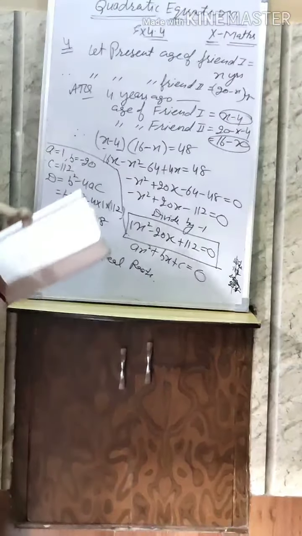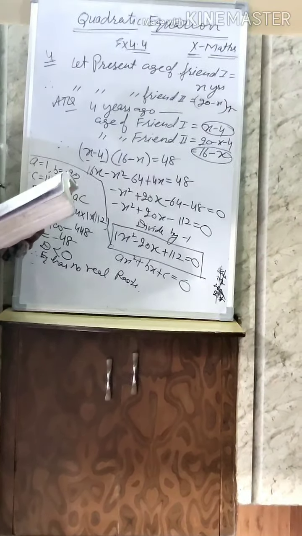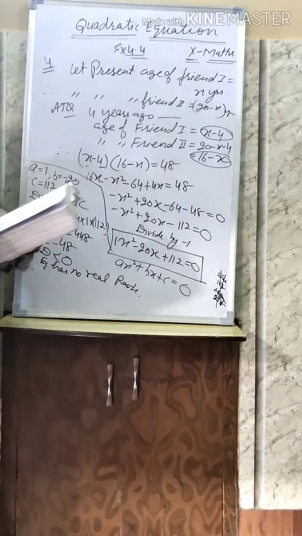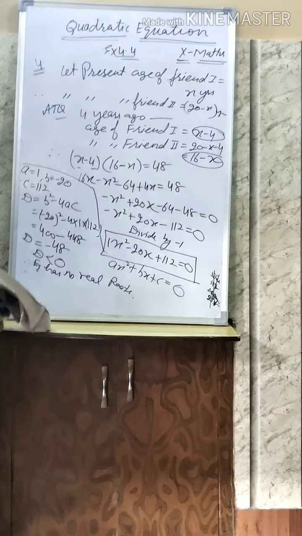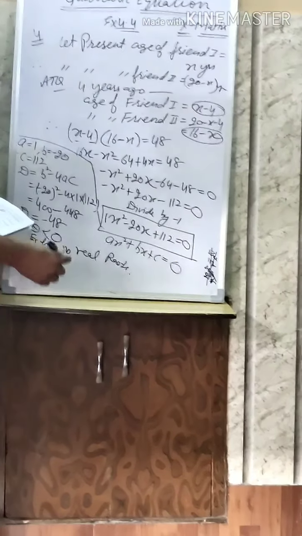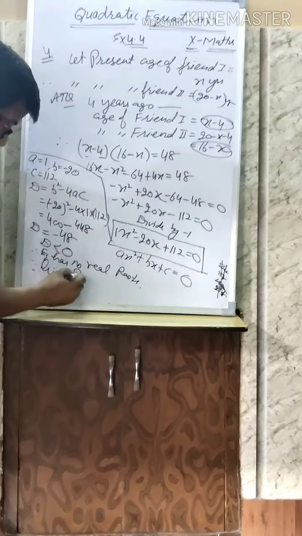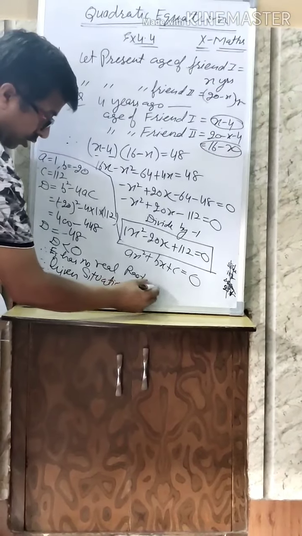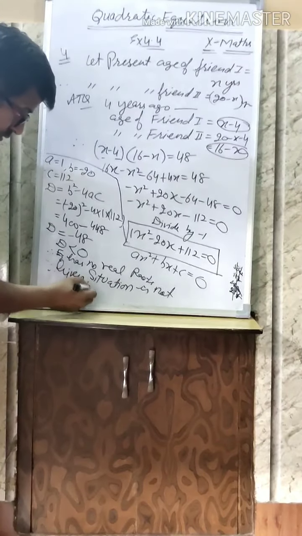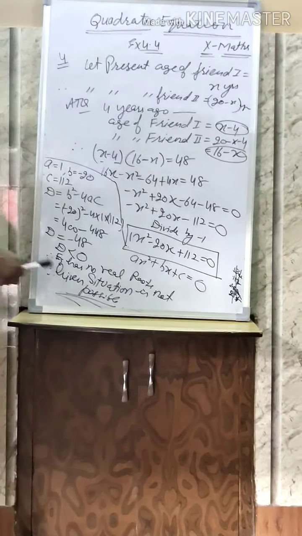Understand? And he is asking also in the book, is this situation possible or not? When you are not getting the answer, no roots, the equation has no real roots, then what do you say? Therefore, the given situation is not possible. Understand? So this is the answer.